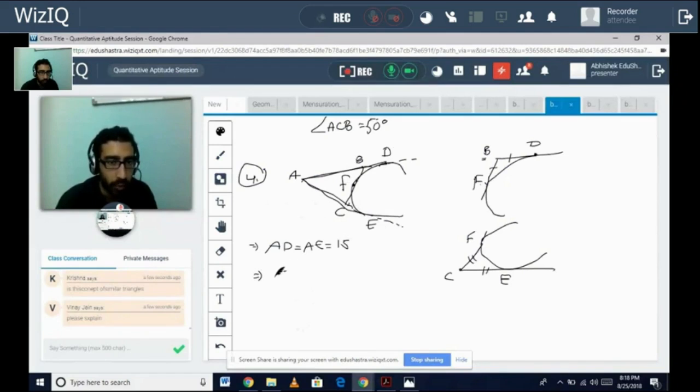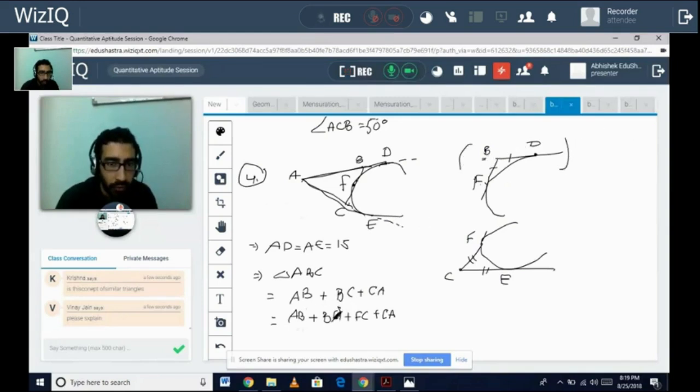Let's look at the perimeter of triangle ABC. It is AB plus BC plus CA. Can I break BC into BF plus FC, and keep CA like this? We've just seen that BF is equal to BD.